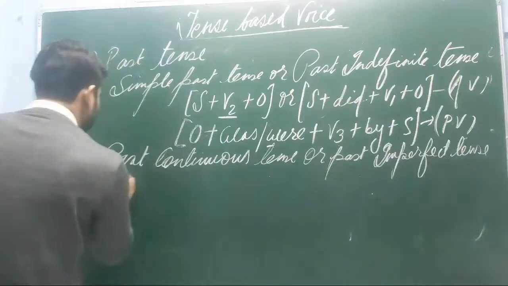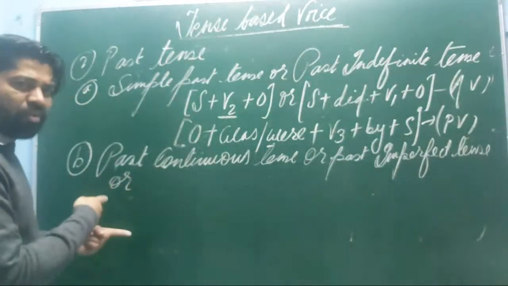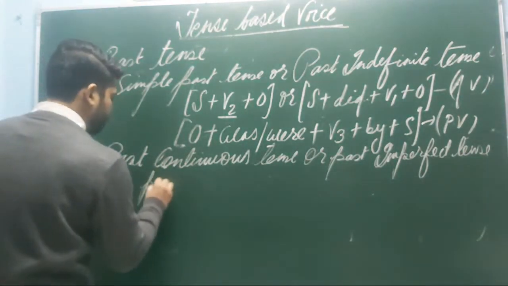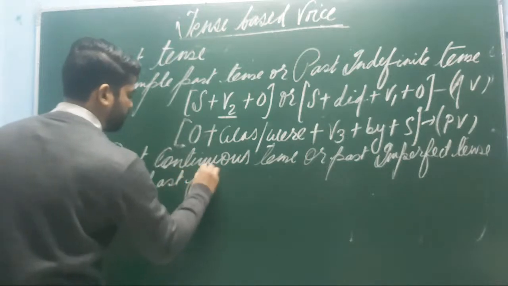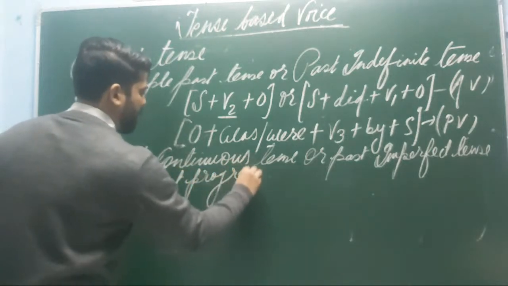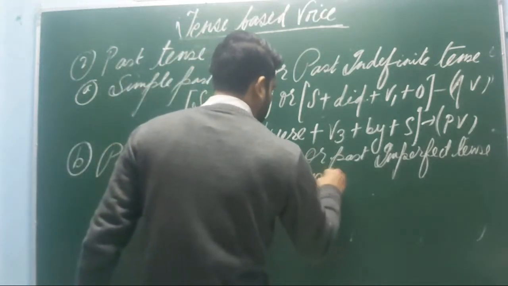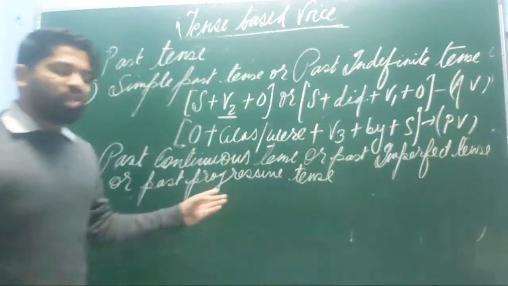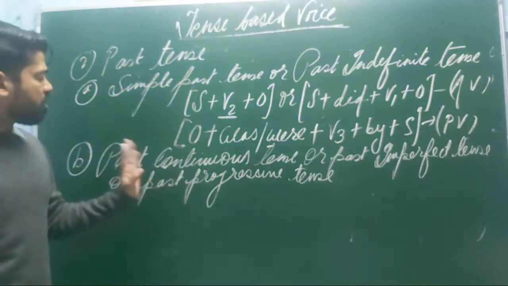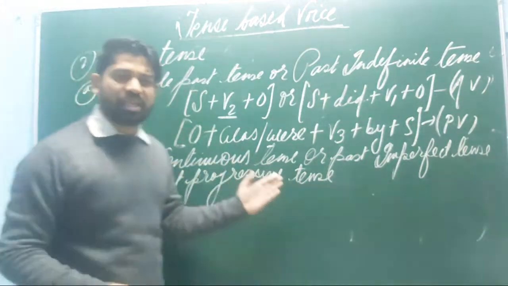And the third name, according to the verb, is the past progressive tense. Now after knowing the name, you need to know about the basic structure. Then what is the basic structure for the past continuous tense?